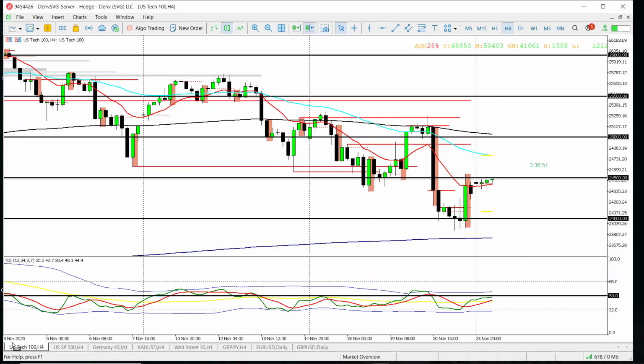So looking at US tech or Nasdaq, I'm looking for a bullish day for now, unless price shows me something else. Point of interest is actually Friday's New York highs.